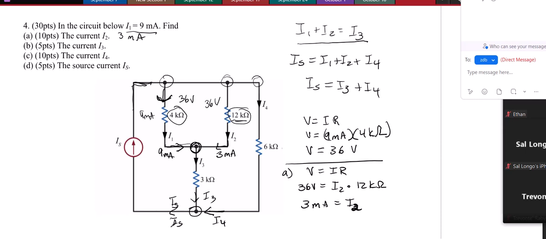Okay, so now I3 has to equal the sum of I1 and I2, as we wrote right there. So for part B, I3 has to equal I1 plus I2, and I1 was 9 milliamps, and I2 was 12 milliamps.